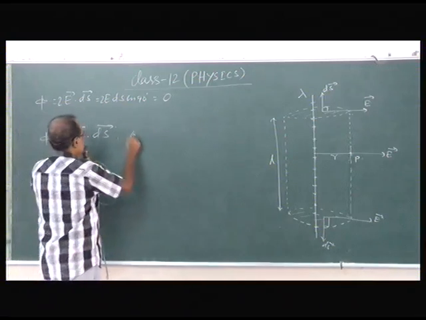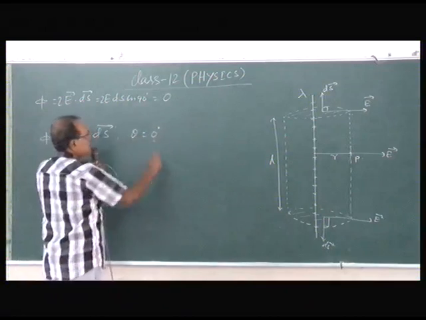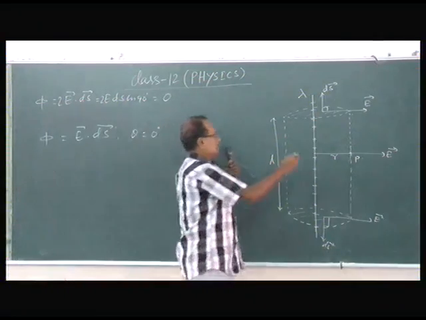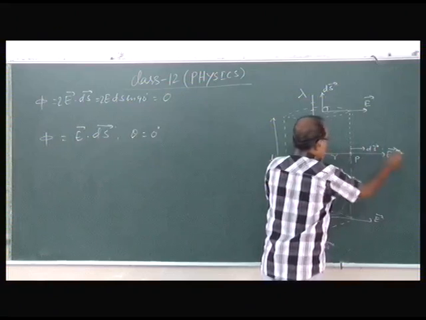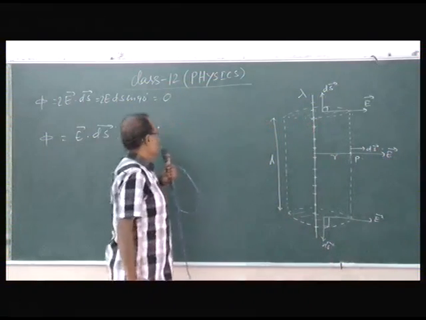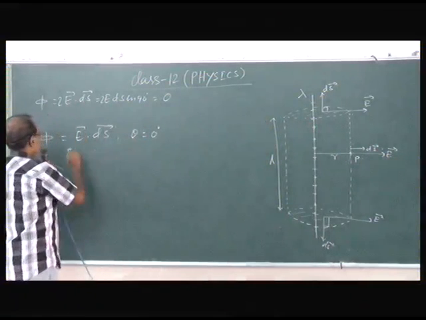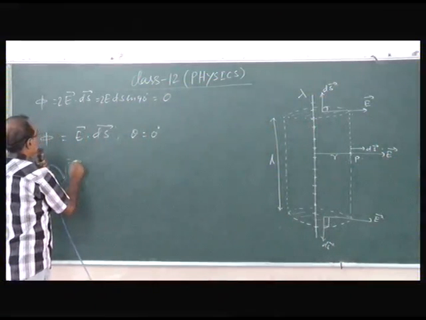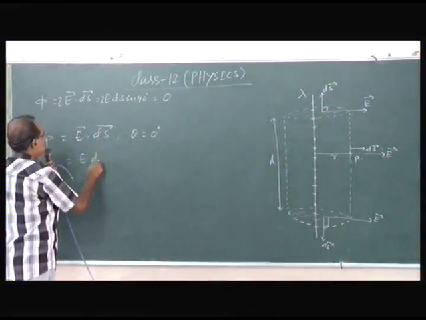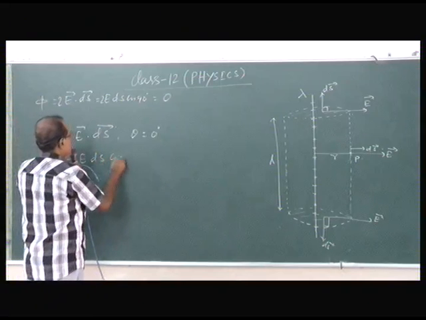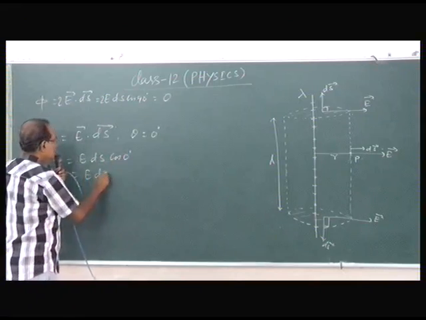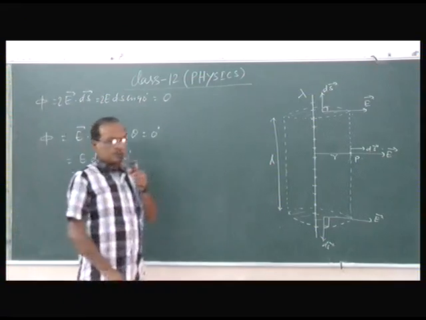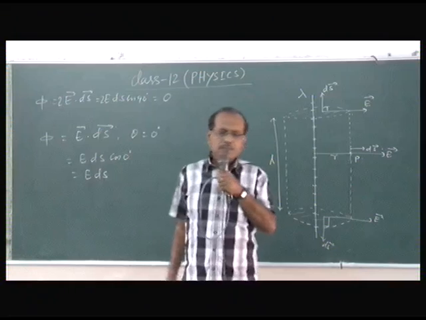In this case theta is equal to 0 degrees, so it is E ds cos 0 degrees, which is E ds only.